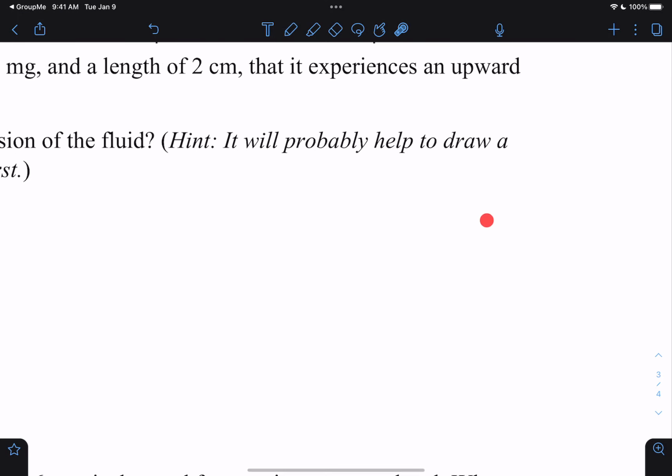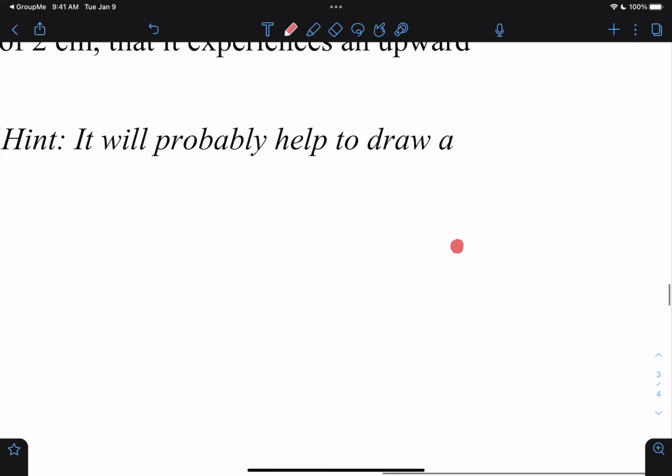So let's begin drawing a free body diagram first, right? What forces do you guys think are going to be acting here for the pin? Yep, excellent. We should have tension forces, 2 tension forces exactly, and gravity.